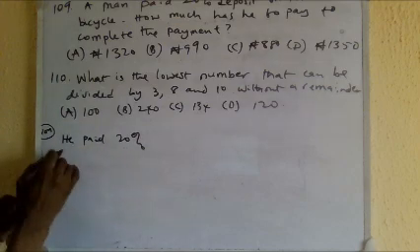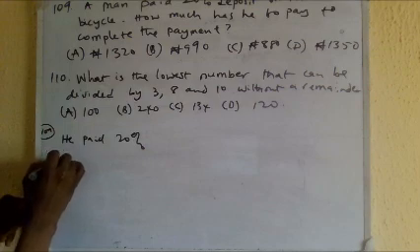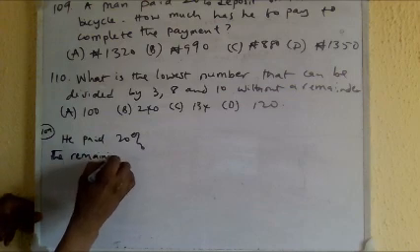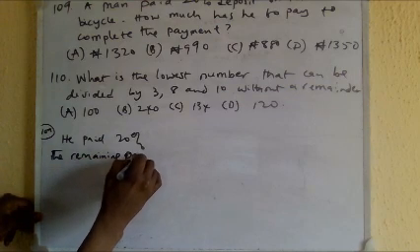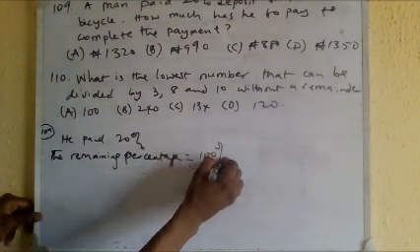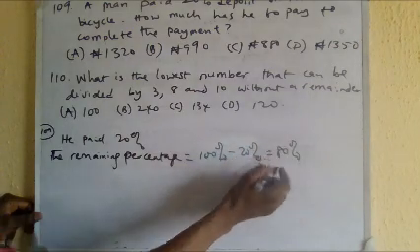So the remaining percentage is equal to 100% minus 20%, which will give you 80%. So 80% is what is left of this money to be paid.